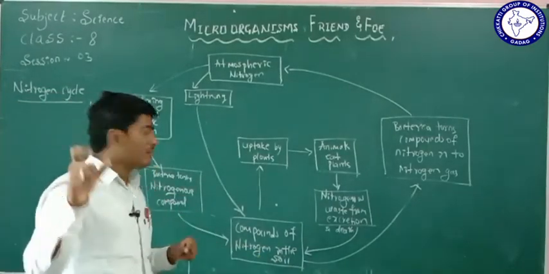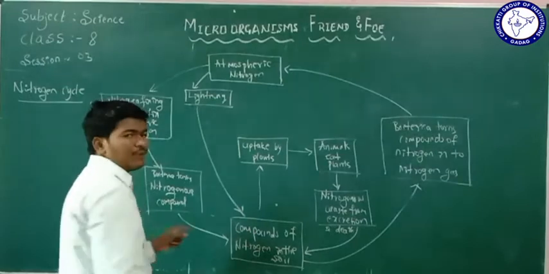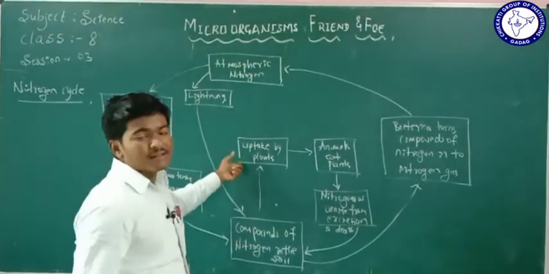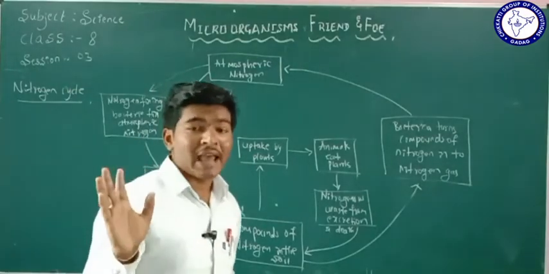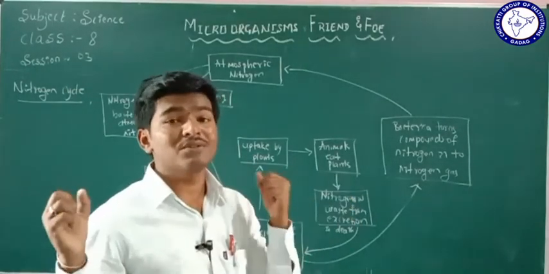Here, the nitrogenous compound will be absorbed by the plants. You have to observe clearly here, plants don't have the capacity to absorb nitrogen directly.